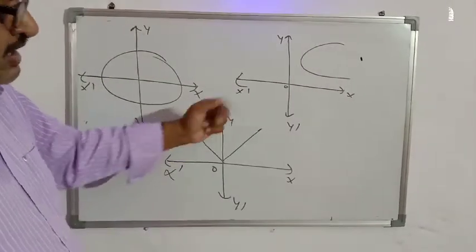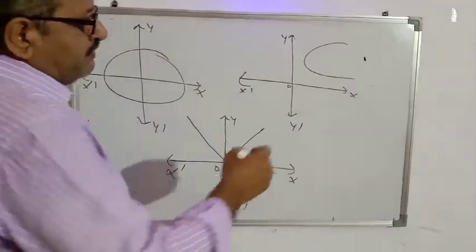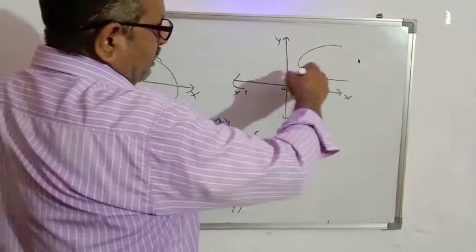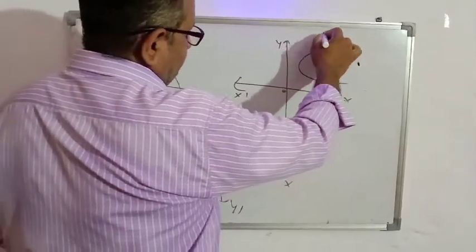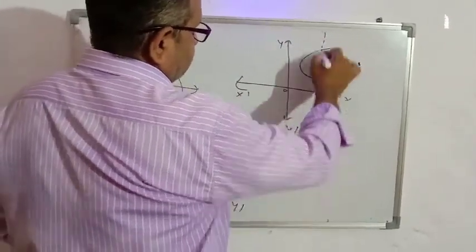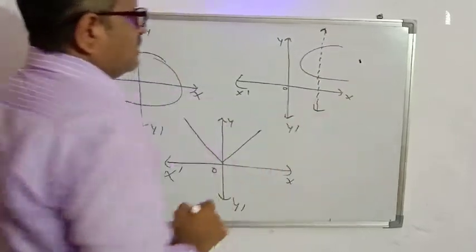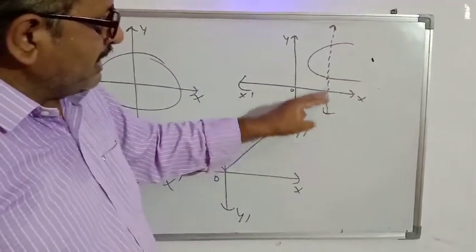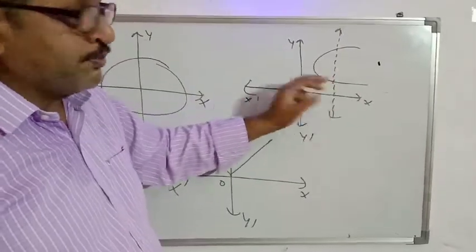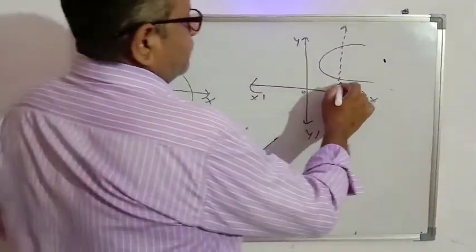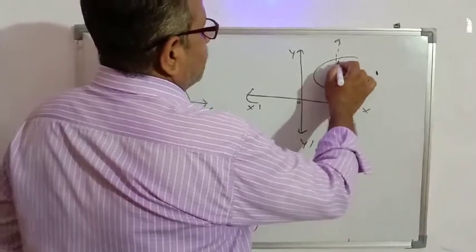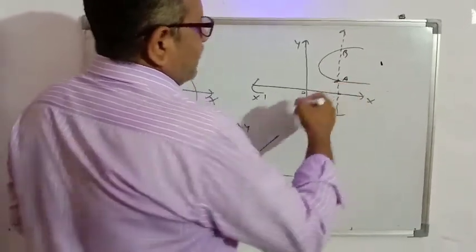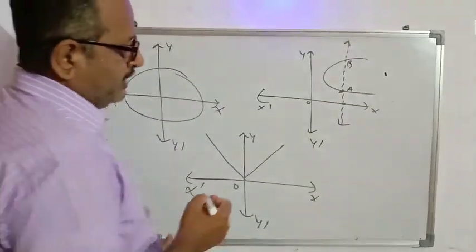So to know which graph will represent a function, we will draw a line parallel to the y-axis. If this line cuts the graph at two distinct points, see here, point A, point B, then it is not a function. Why?